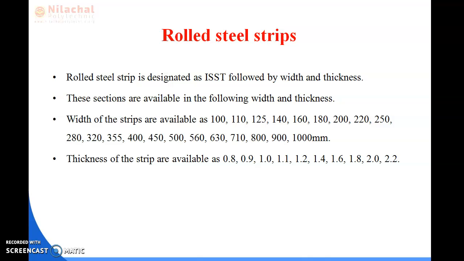These sections are available in the following widths and thicknesses. The widths are like 100, 110 mm, 125 mm, 140 mm, 160 mm, 180 mm, 200 mm up to 1000 mm, and the thicknesses of the strip sections are available as 0.8 mm, 0.9 mm, 1 mm, 1.1 mm, 1.2 mm, 1.4, 1.6, 1.8, 2.0 and 2.2 mm.